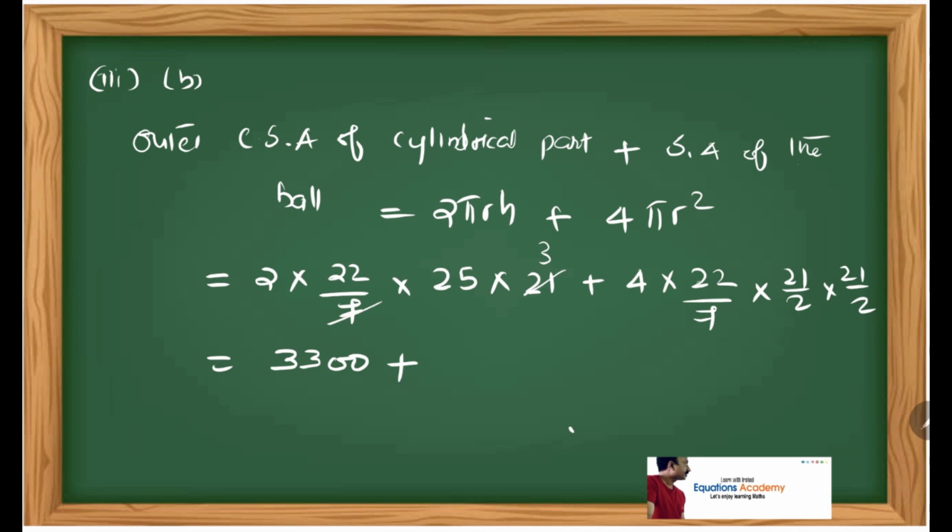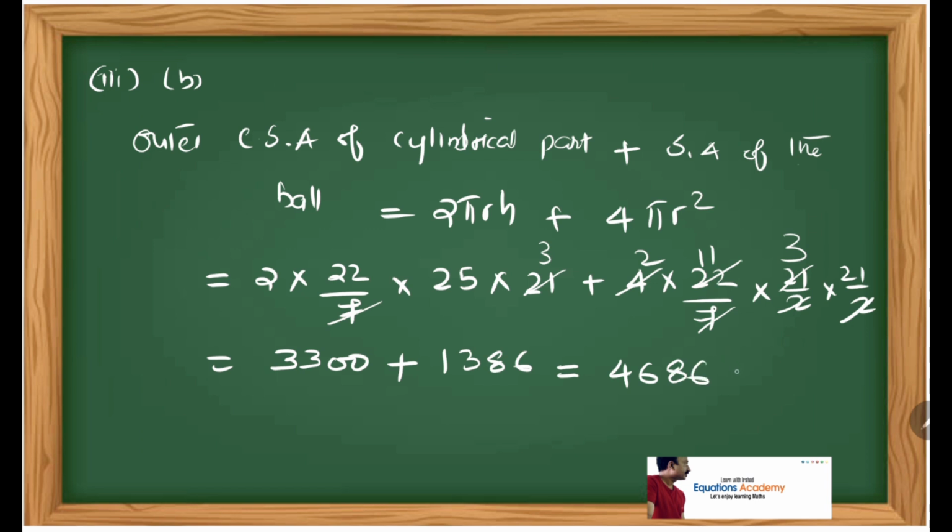Plus this part here: 7 into 21 gives 3 times, then 22 and 2 gives 11 times, 11 into 2 is 22, and 4 and 2 we can cut 2, so we have 2 into 11 is 22. 22 into 3 into 21 is 1386. 3300 plus 1386 equal to 4686. 4686 centimeter square.